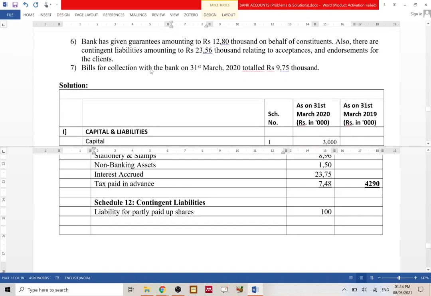Then the other type of contingent liabilities, guarantees that are given by the bank, guarantees on behalf of constituents, 1,280. That means the bank has given guarantee for some other clients, okay, on behalf of its constituents.